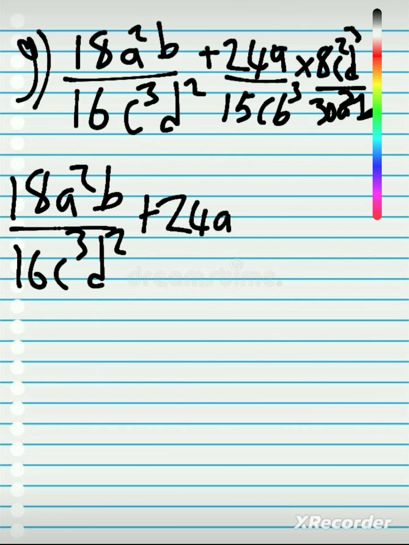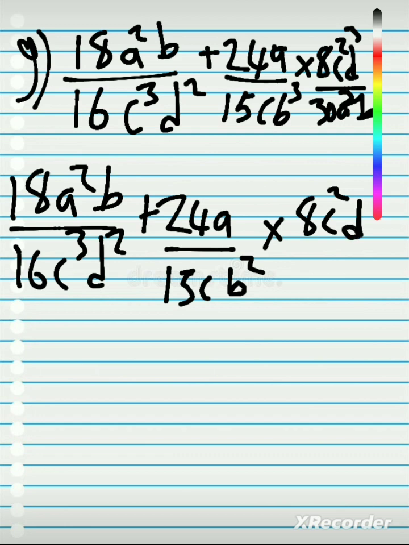It's 24a over 15cb power 2 times 8c power 2 d power 3 over 30a power 3b. Oh, it's a power 3 actually. Okay, so we can start with reducing.